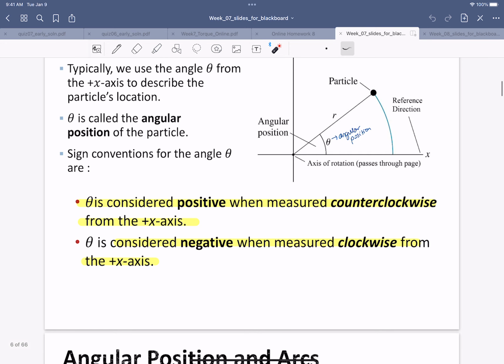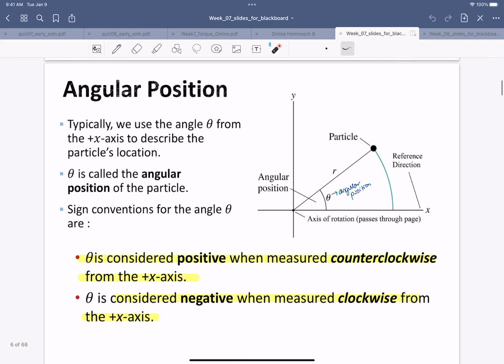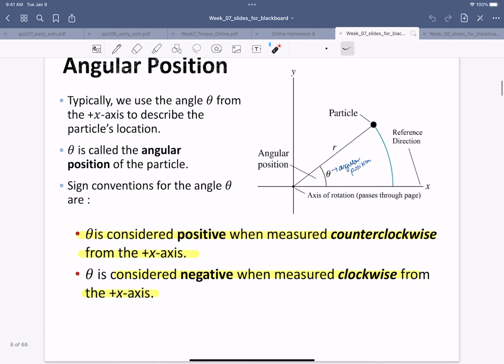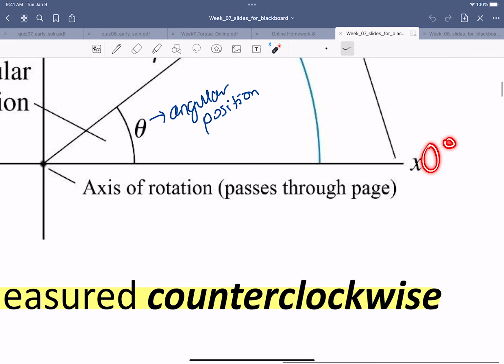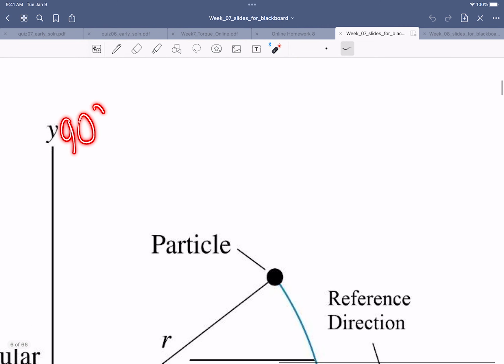And so here comes the most important notation for this entire chapter, and it applies to this and applies to torque as well. And that is, think of theta positive as counterclockwise and theta negative as clockwise, right? If you remember from pre-calc or calculus, if you did the unit circle stuff, this was your 0 degrees, and this was your 90, right?